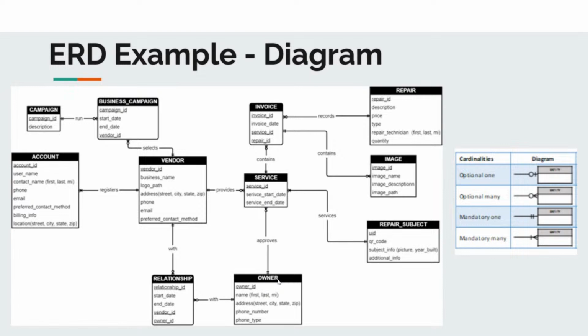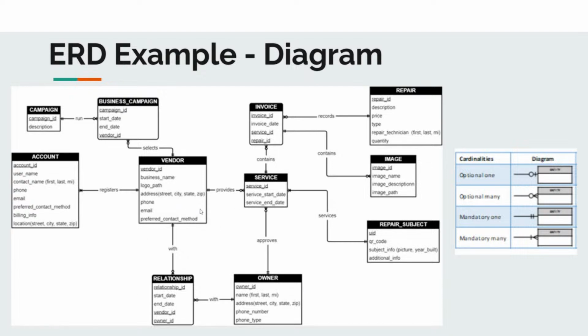Within an owner, you have the adjectives that describe the owner: name, address, phone number, and phone type. And then you have the relationships, which are the verbs, like approves. A vendor provides a service. A vendor selects a business campaign. A vendor registers an account, and so forth.